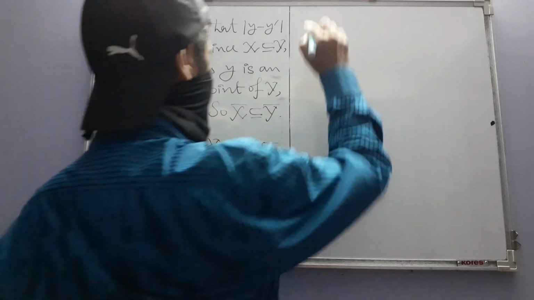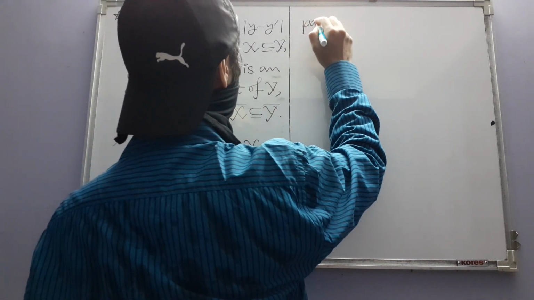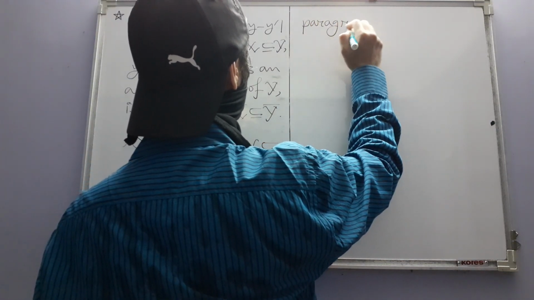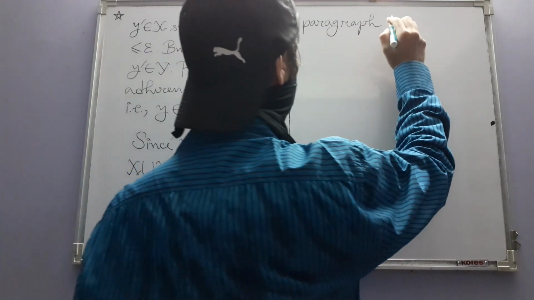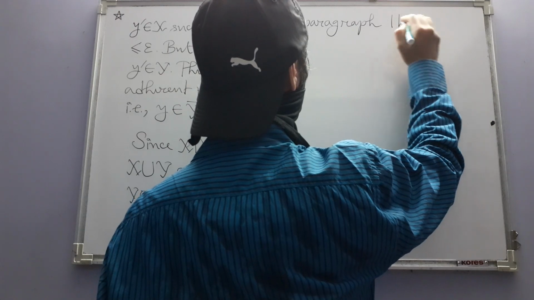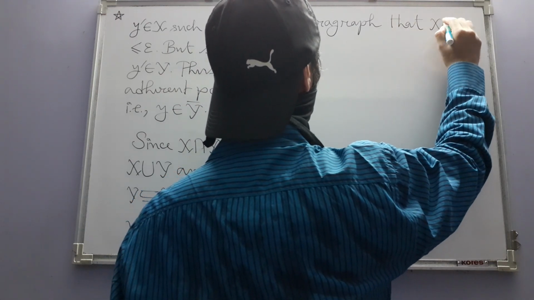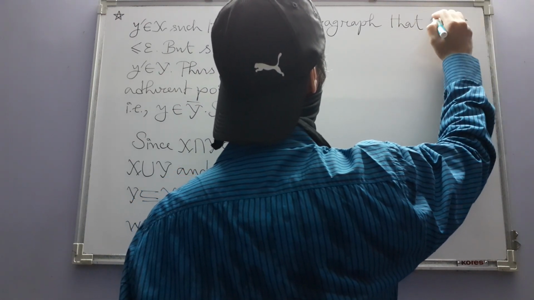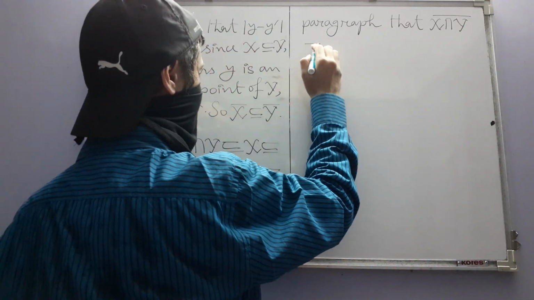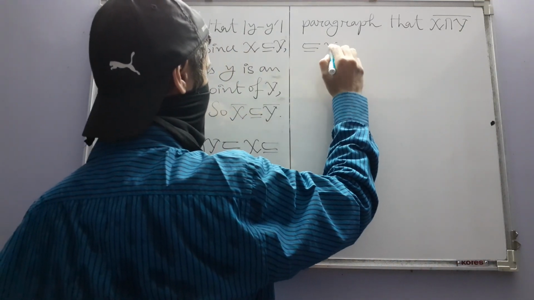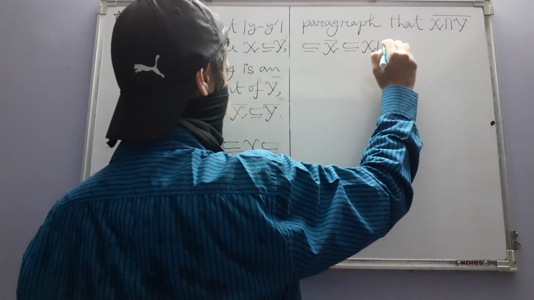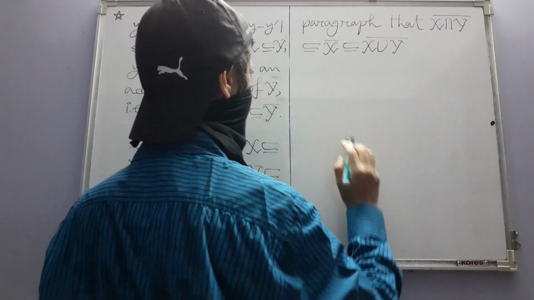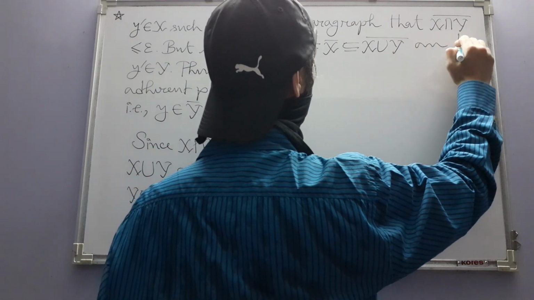Okay, so from the above paragraph, the closure of the intersection is contained in the closure of X, and that is contained in the closure of the union.